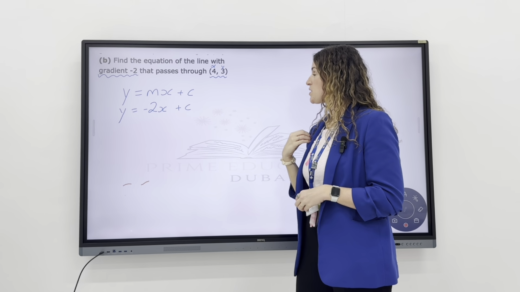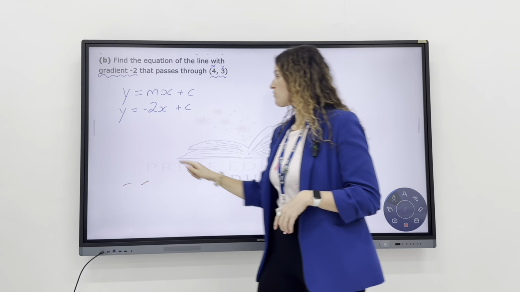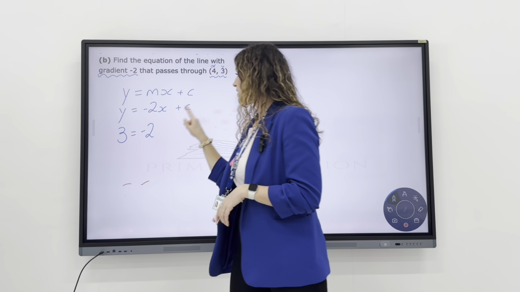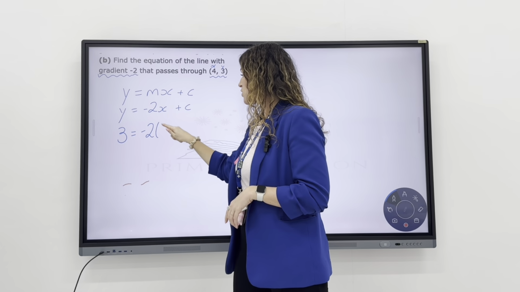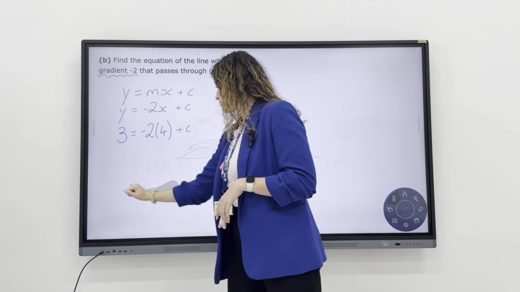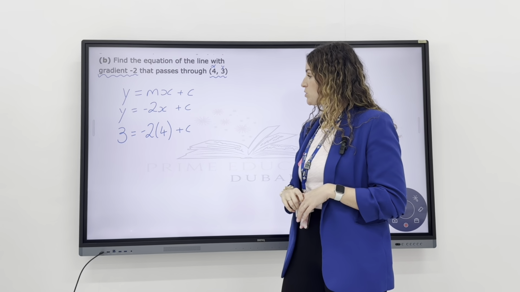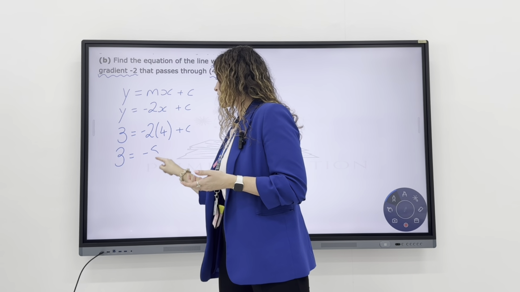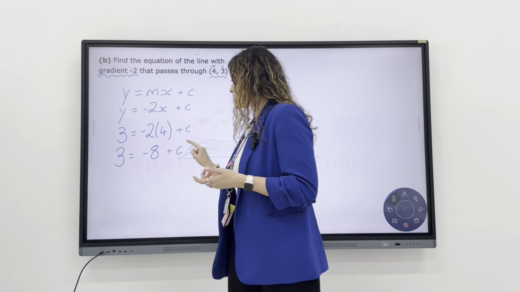So y is 3, so 3 is equal to -2 times x, well x is 4, so I'm going to pop that into brackets, plus c. Now I'm going to simplify this. I have 3 is equal to -8 plus c.